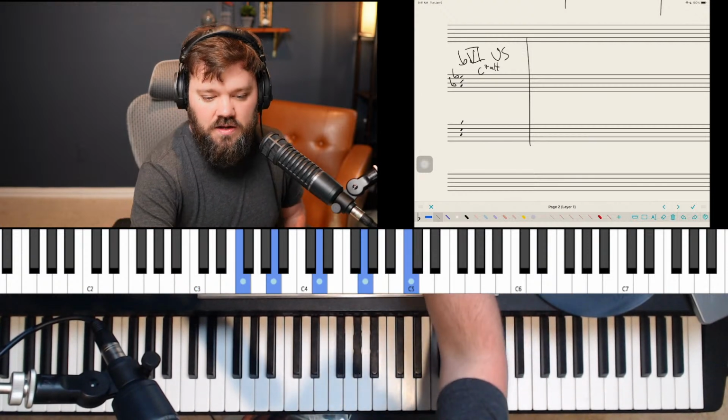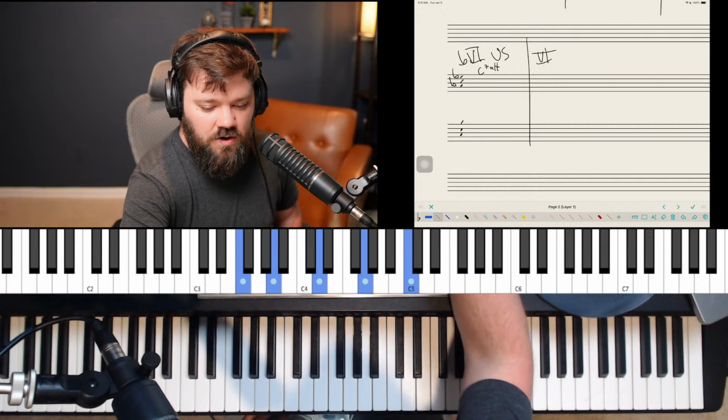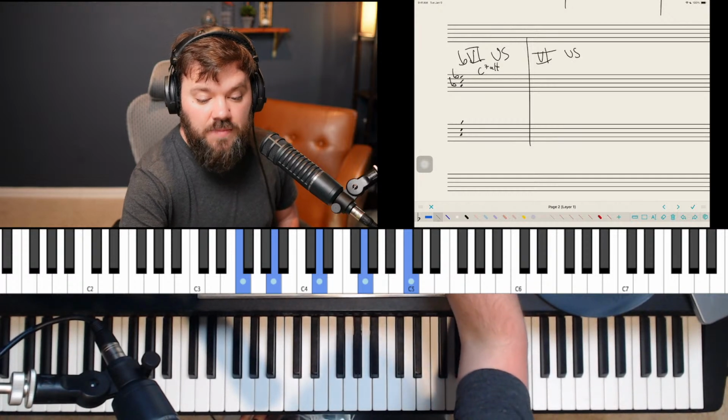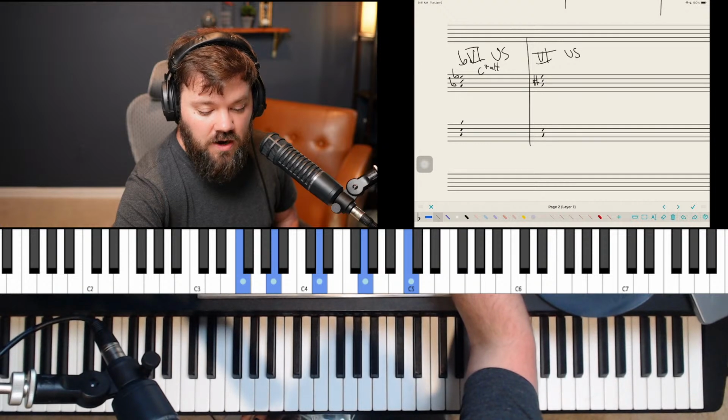And then we have another one that's also quite common. This is just major 6 upper structure. So that would be A major over our C7.